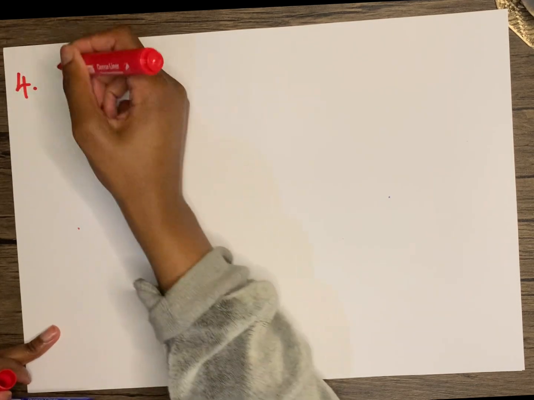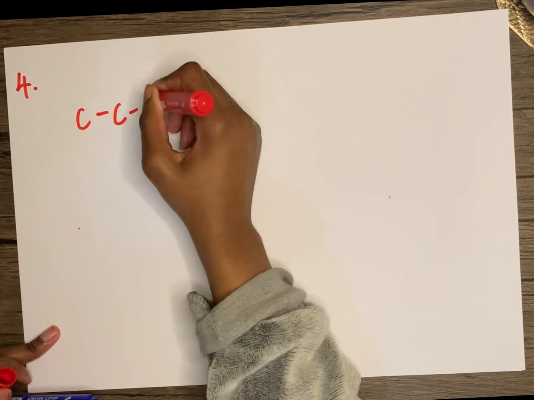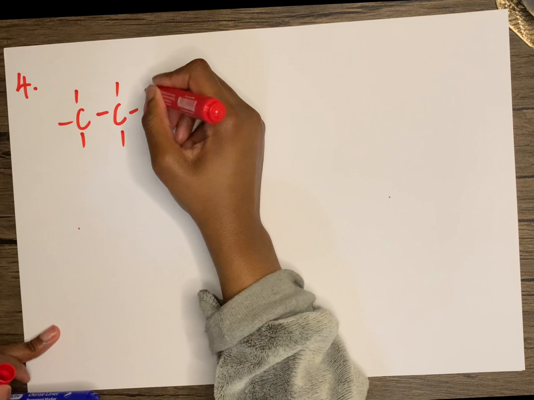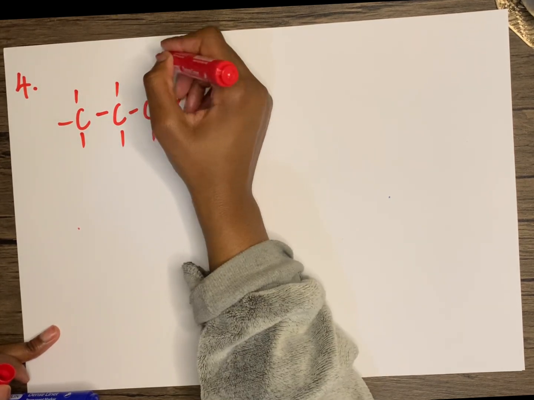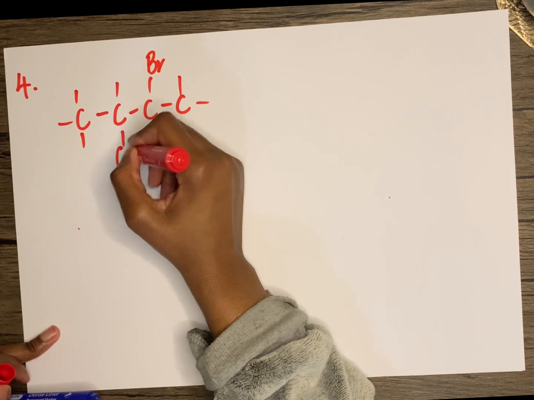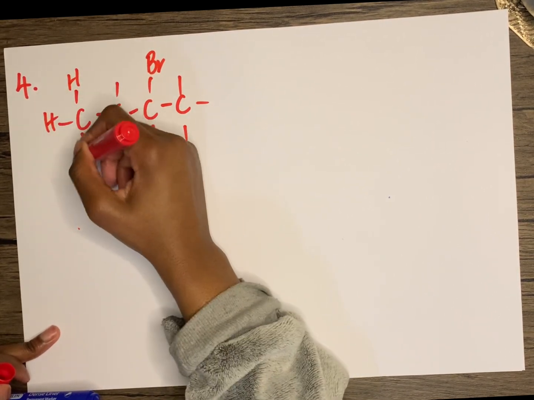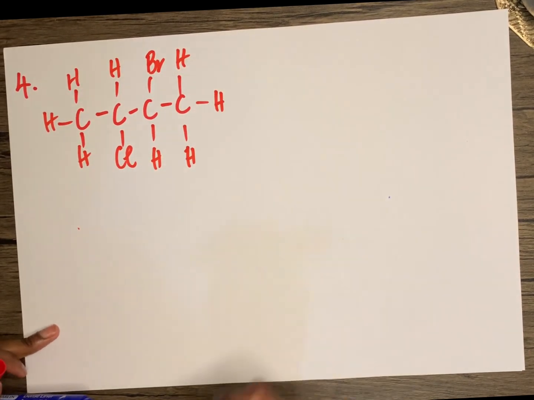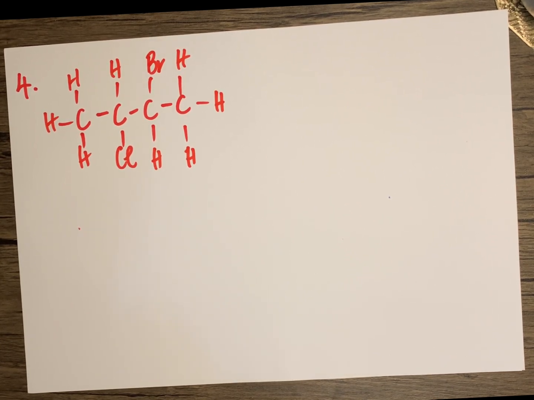I can have another situation where I'm going to have to number in such a way that I prioritize the alphabetical order. So let's do it like this. If you look at this one, whether I number from the left or I number from the right, both substituents are going to be in the second position, right?